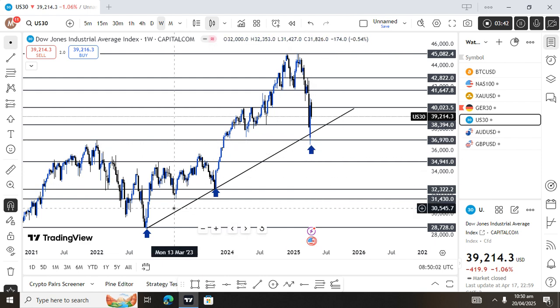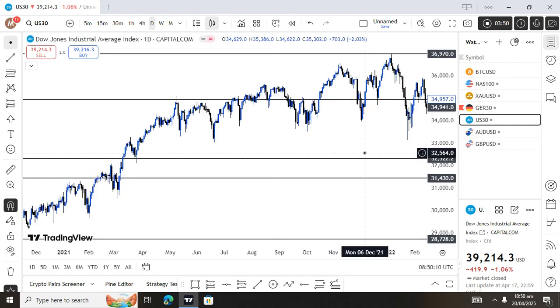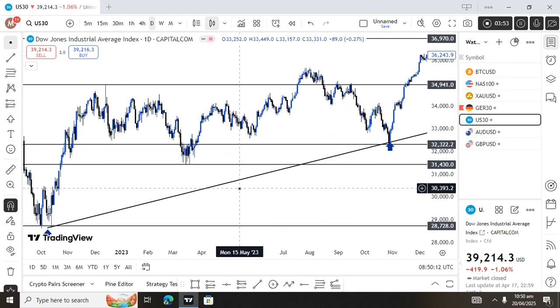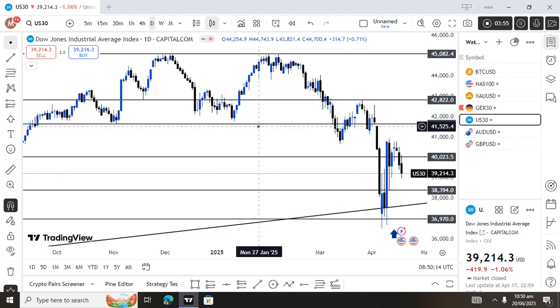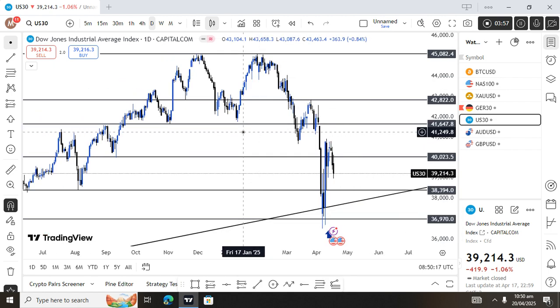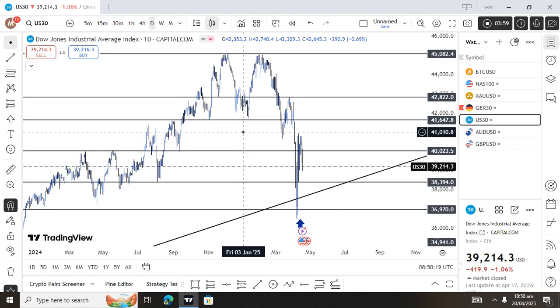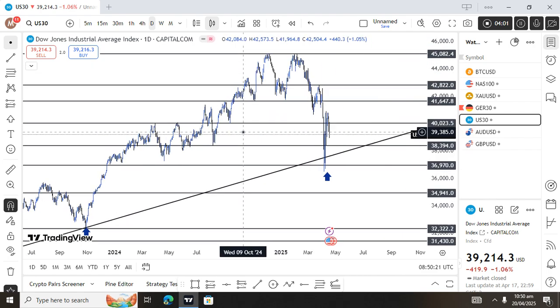So after seeing this, I then go to the daily to see how the market is moving. I'll just zoom in, because you see we have those three touches.